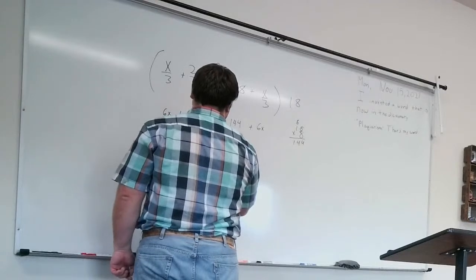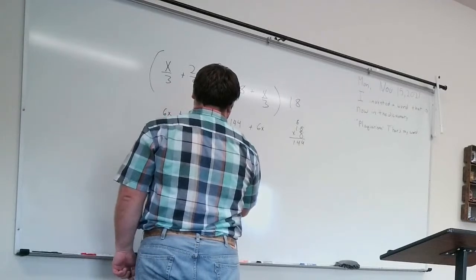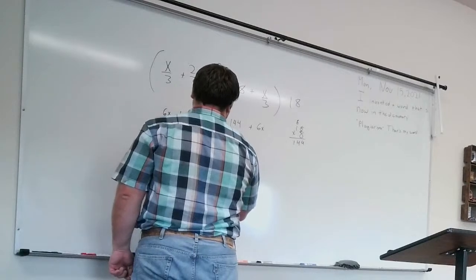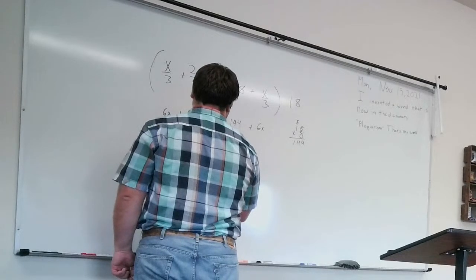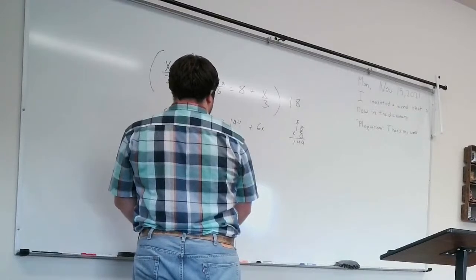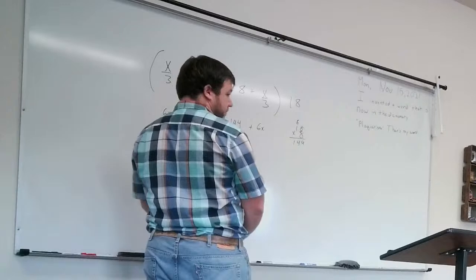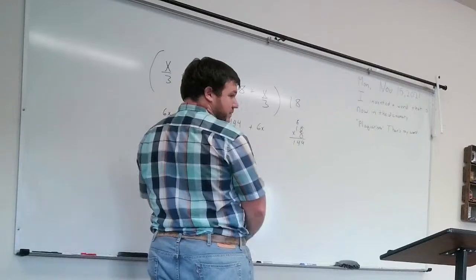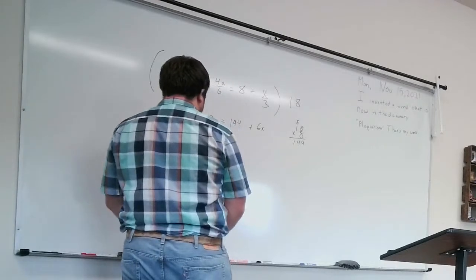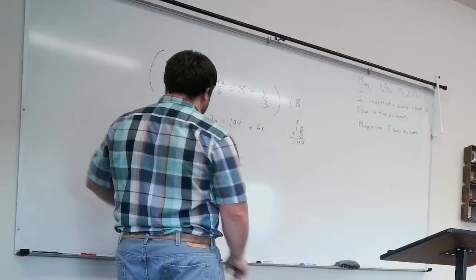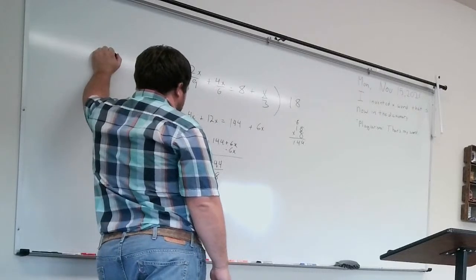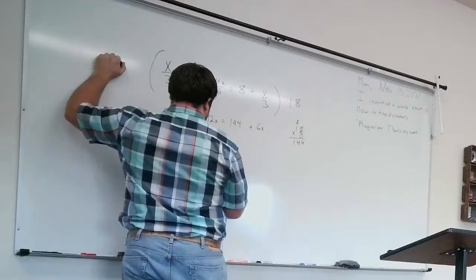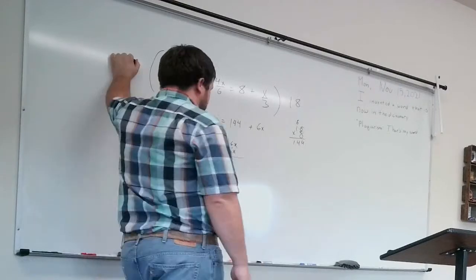So divide both by 18. Okay, it's 9. No, it's not 9. Oh yeah, we're allowed to use our calculators. We probably did something wrong there. It's 8. X equals 8. X equals 9.